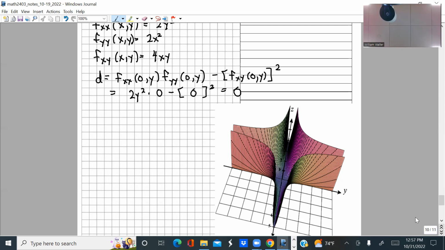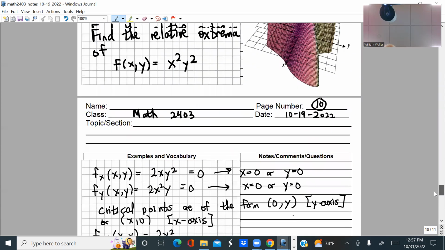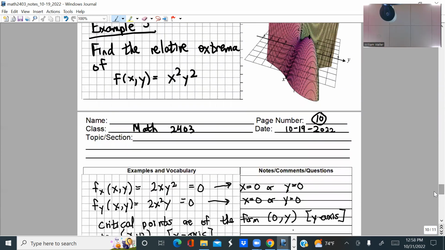Actually, you can kind of tell it from the formula if we had thought more carefully about the formula to start with. So you notice the formula is x squared y squared. Squaring numbers, you're going to come out to be 0 or positive. So that function can never give you anything that's negative, but it can give you 0.